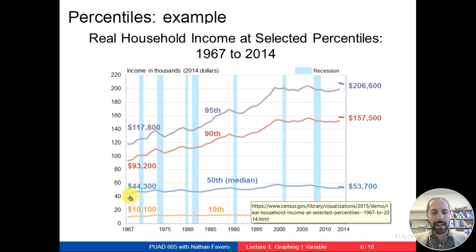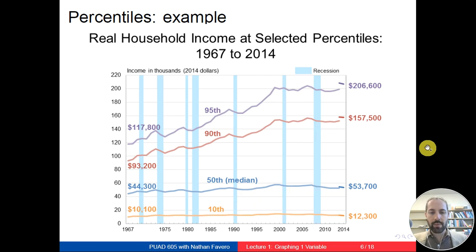We can see that in the late 1960s, the median income was about $44,000, and more recently, it's around $53,000. So the median income has increased just a tiny bit, but not a lot. If we look at the 10th percentile, now we're looking at some of the poorer people in our society, right?